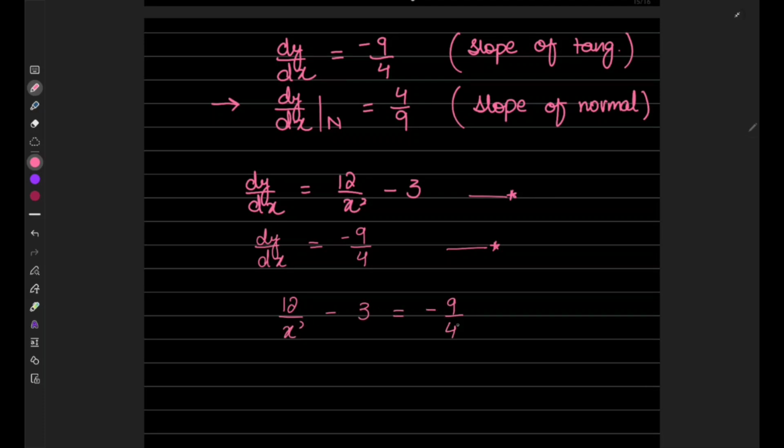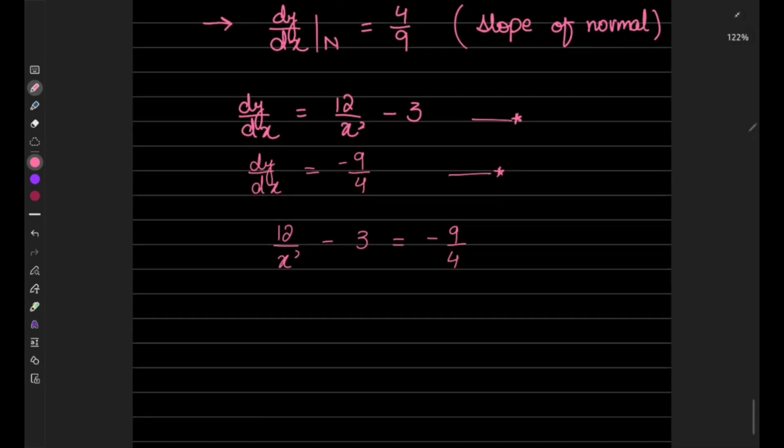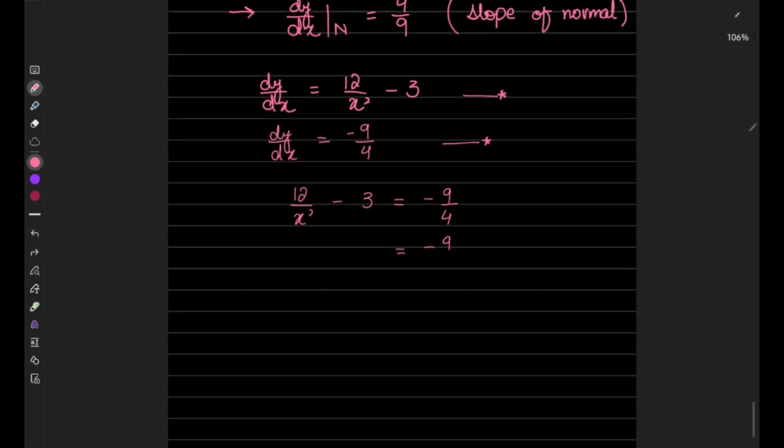Now solve this to get some x value. So that gives you 9 over 4 plus 3. Twelve minus 9 is going to be 3 over 4. So that gives you 3 over 4 equals 12 over x square.